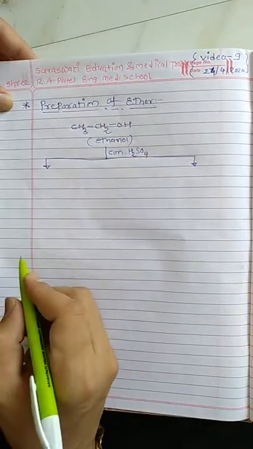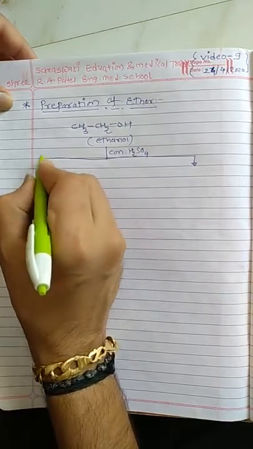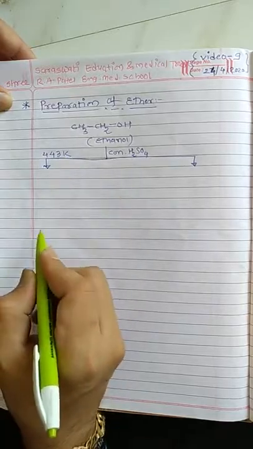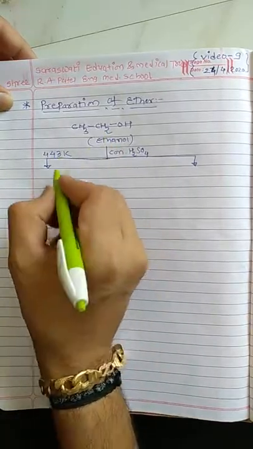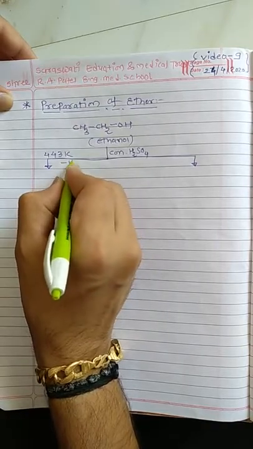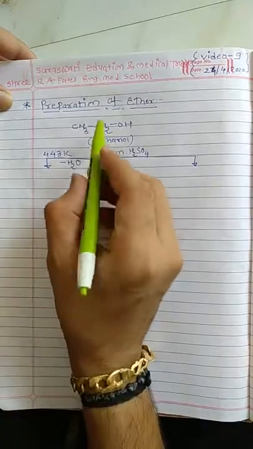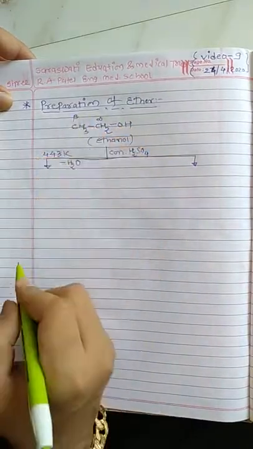In presence of concentrated sulfuric acid, if ethanol is heated at 443 Kelvin, at this higher temperature a water molecule is released. So due to dehydration we have to write removal of water. This is the alpha carbon, this is our beta carbon.